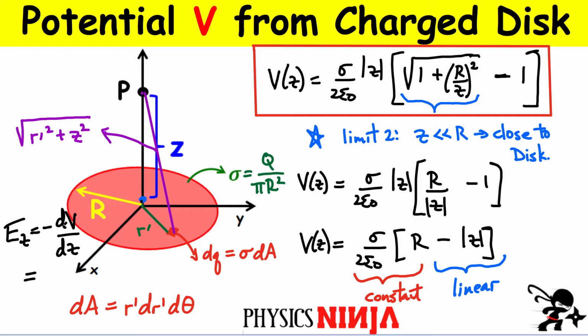This negative sign will cancel with this one right here, so you don't have to worry about those. And if you take the derivative of z with respect to z, you're simply going to get 1. And the value of the electric field that you get is going to be sigma divided by 2 epsilon 0. Right? This is the electric field just above the surface of the disk. And that's exactly what you would get if you would use something called Gauss's law. Gauss's law is often used to calculate fields close to objects, and you get the same result.